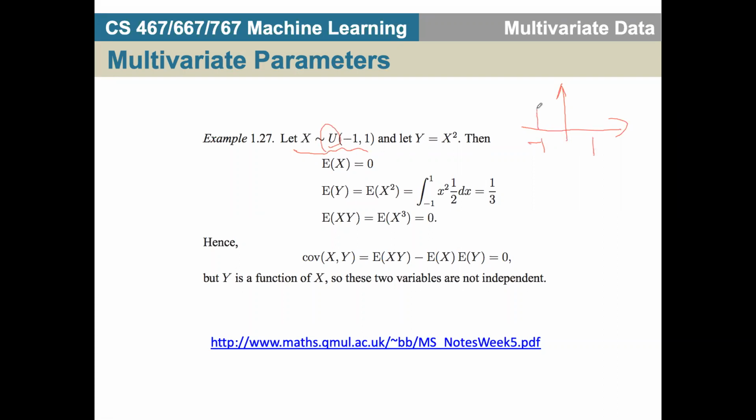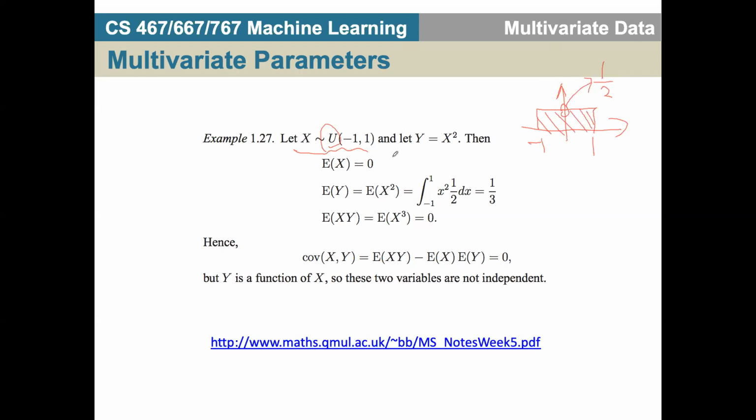Uniform is their PDF, so density is the same. Who can tell me what the height will be here? It should be 1/2, because 2 times 1/2 is 1. We know that the area of the probability sums to 1.